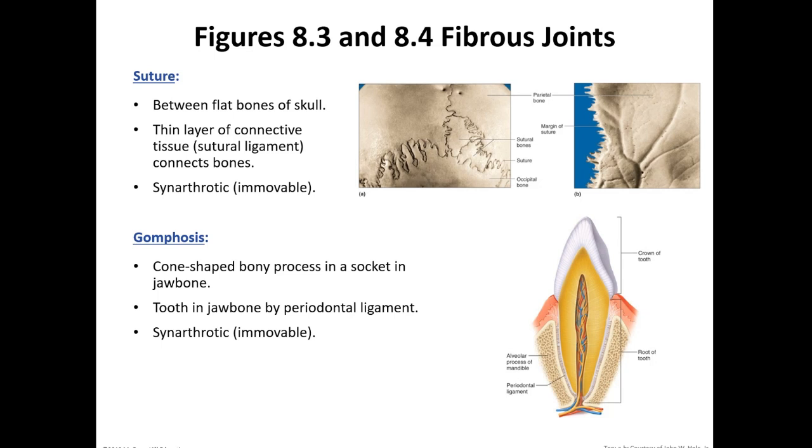They help make up what we call gomphosis. So gomphosis is another example of a fibrous joint that allows a tooth to anchor to the jaw, either the upper jaw or the lower jaw, while the suture allows bones of the cranium or skull to fuse together, while the syndesmosis is found between bones of the forearm or bones of the leg. So these are three good examples of the fibrous structural type of joint.